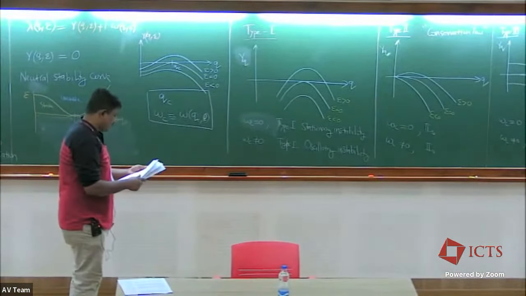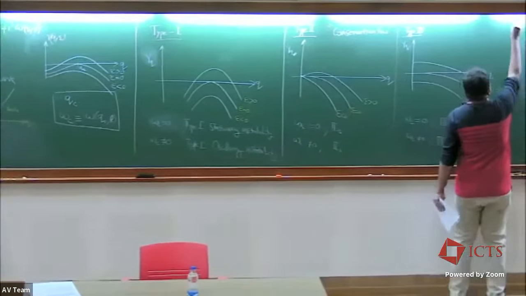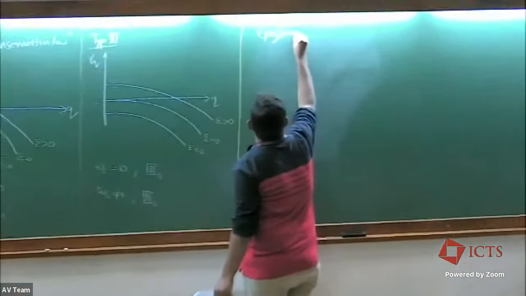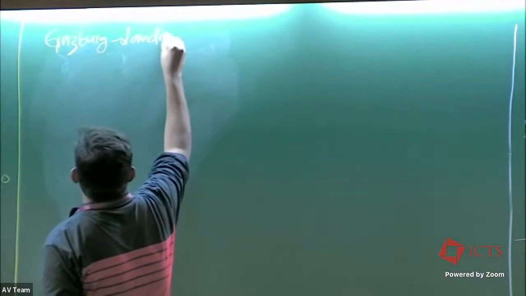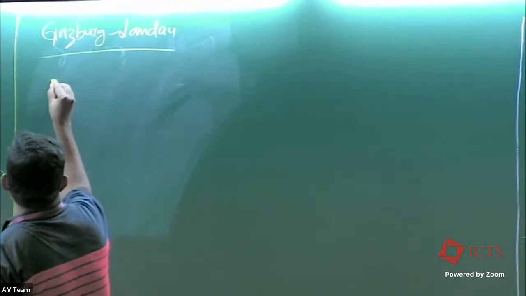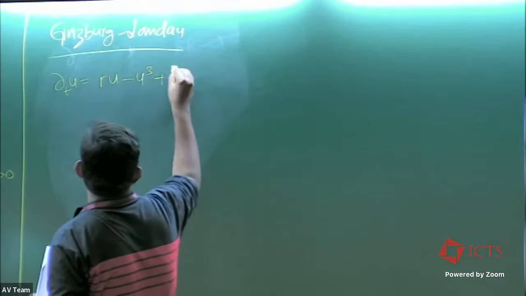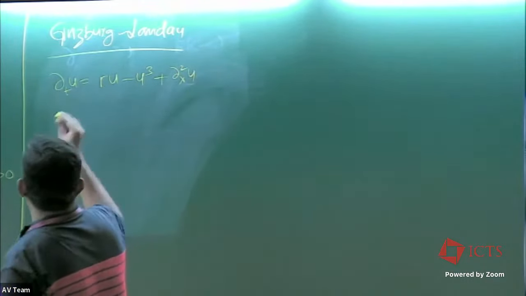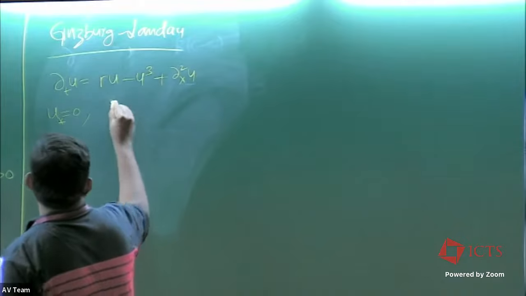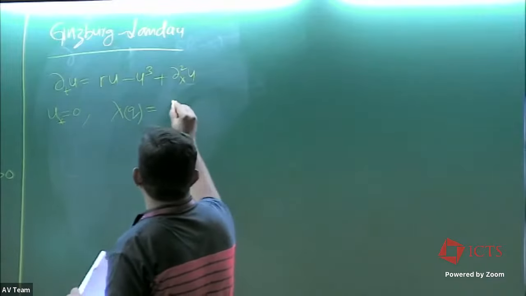Okay, so let's actually do this for the two cases that we were thinking about. Yesterday we did the Ginzburg-Landau model. If you go back and look at your notes, we had dtU equals RU minus U cubed plus dx squared U. And we did the linear stability analysis about the U equal to 0 state. And we found out that the growth rate, lambda of q, is basically R minus q squared.